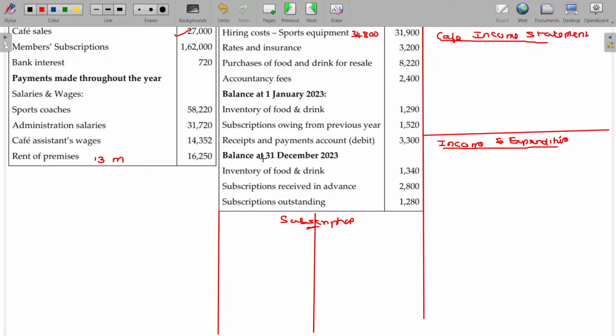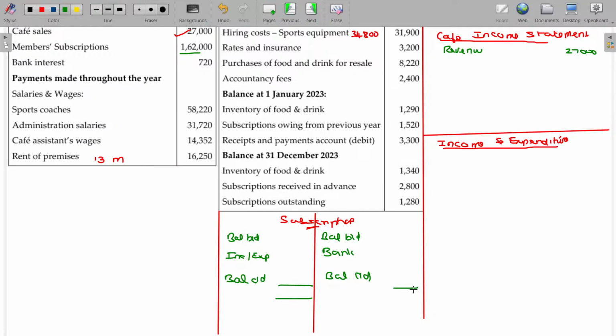Cafe sales, that's a predominant income I may post here. Sales revenue 27,000. Member subscription: in the subscription account, balance brought down, bank, and here transferable to the income and expenditure account, balance carried on, and balance brought down.